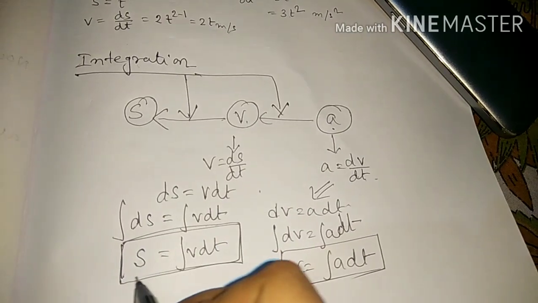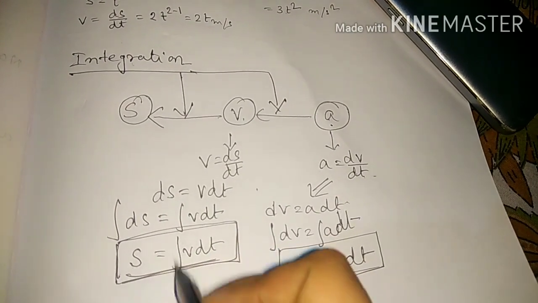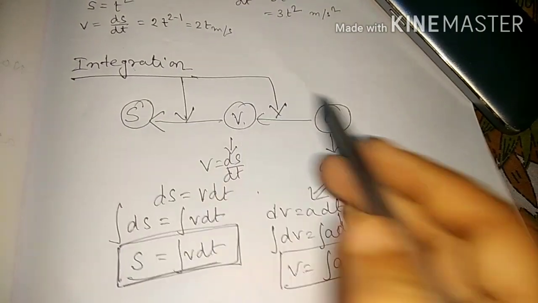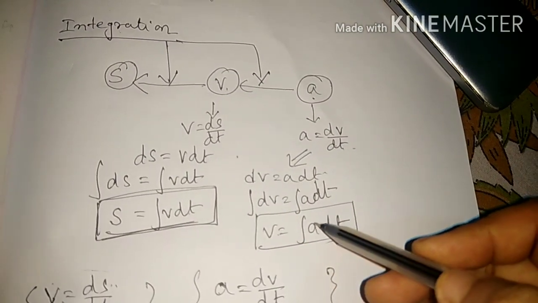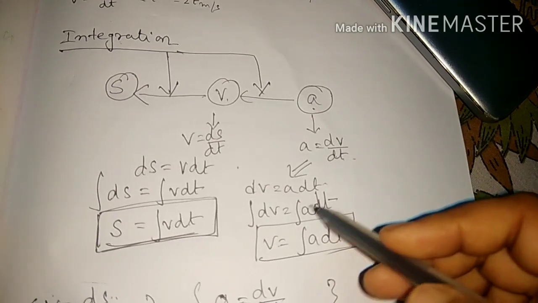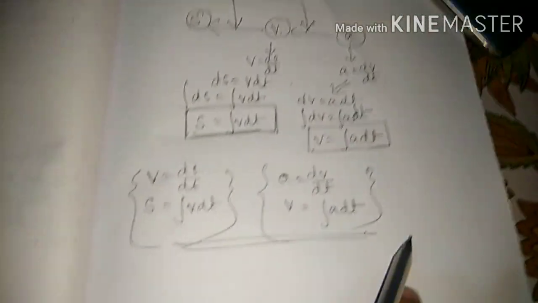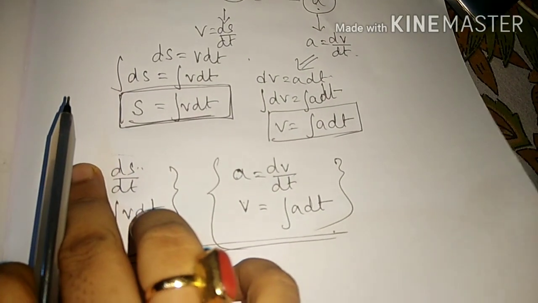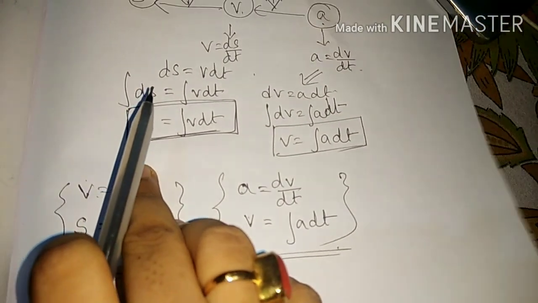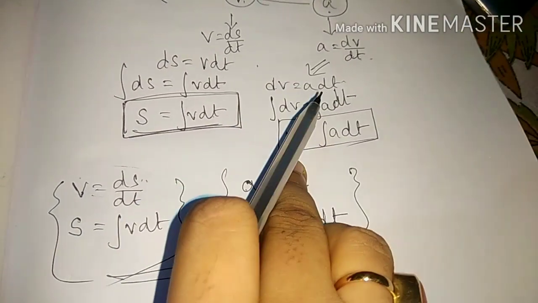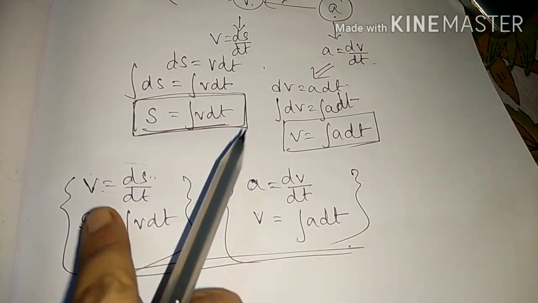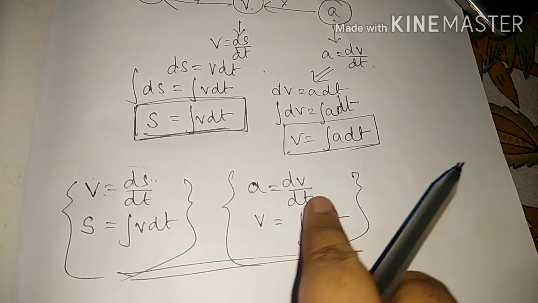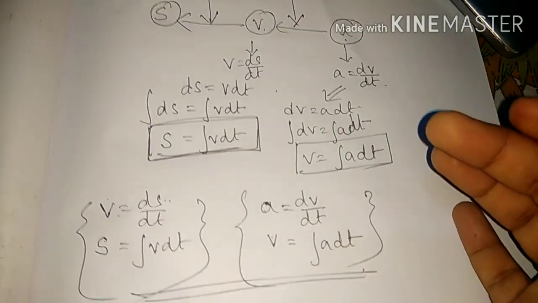So remember this equation: s equals the integration of v dt when we find displacement from velocity, and v equals the integration of a dt when we find velocity from acceleration. Remember these four. Velocity from displacement, differentiation. Acceleration from velocity, differentiation. Displacement from velocity, integration. Velocity from acceleration, integration.